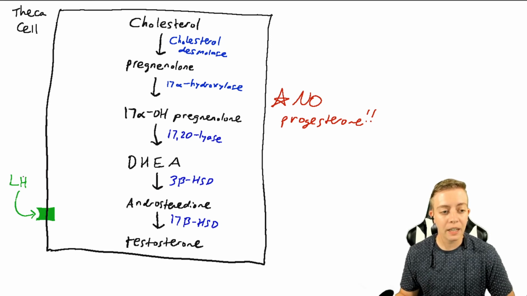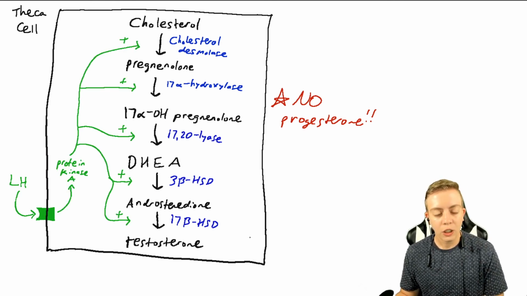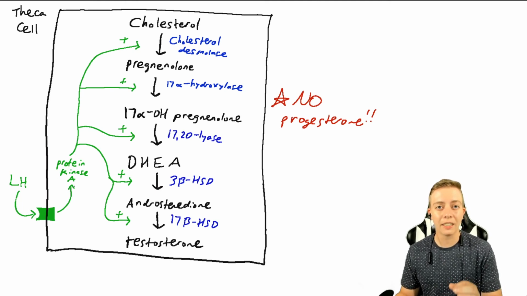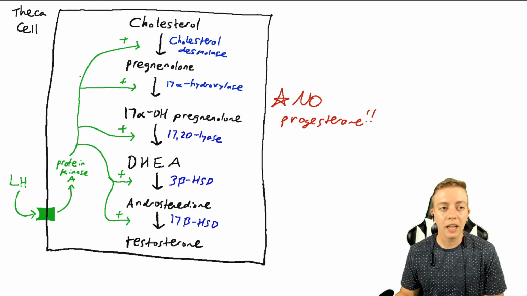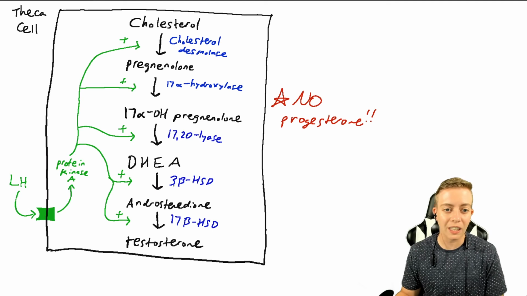But we have LH that binds to this receptor, and then this cascade happens, and you stimulate something called protein kinase A, and protein kinase A is going to stimulate the production, also known as the synthesis, of all of these enzymes.